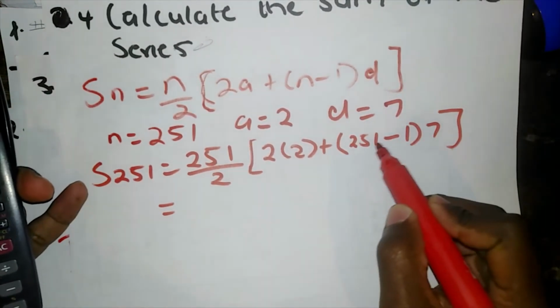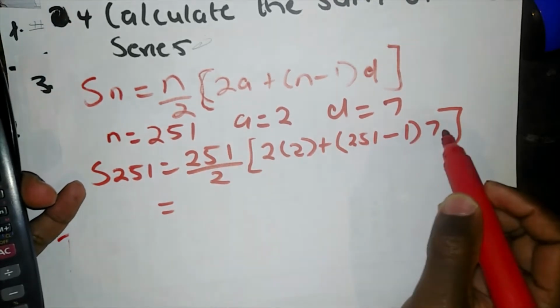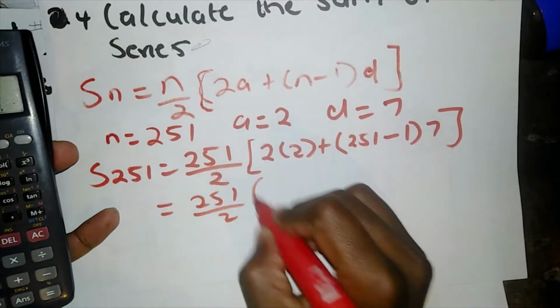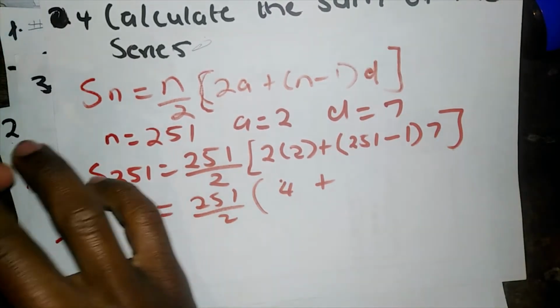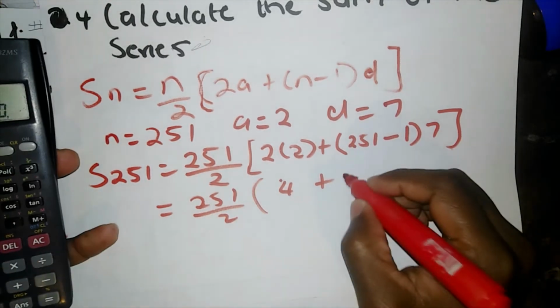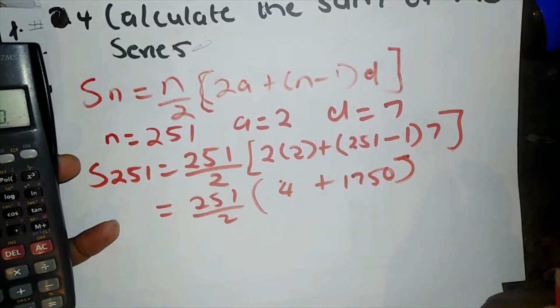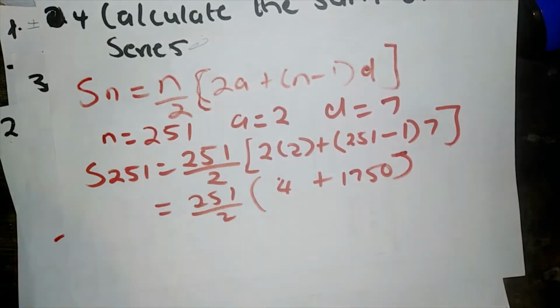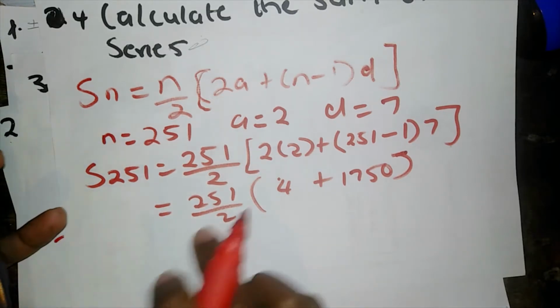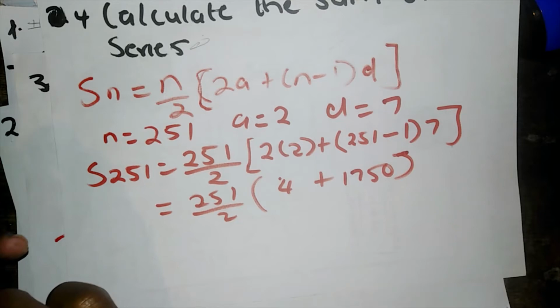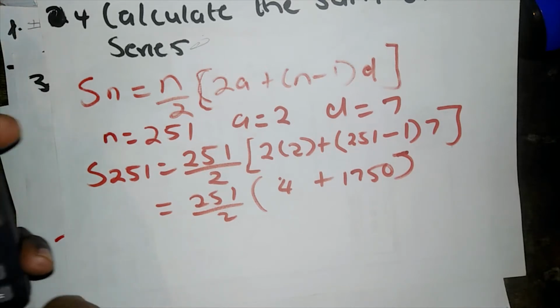First 251 minus 1 is 250, times 7, is 1750. Then 2 times 2 is 4, plus 1750, then times 251 divided by 2.